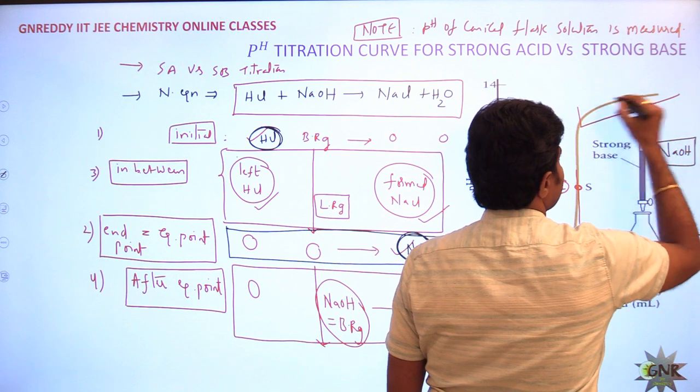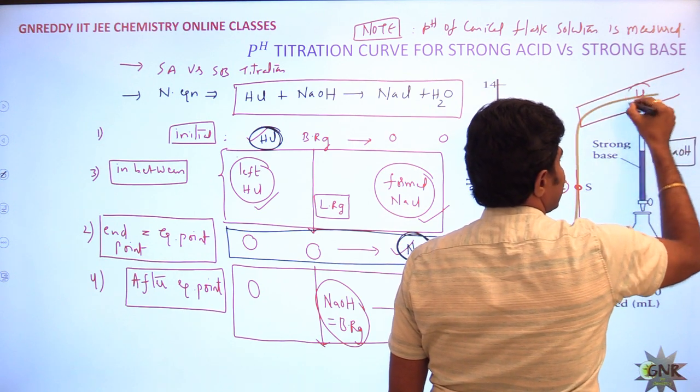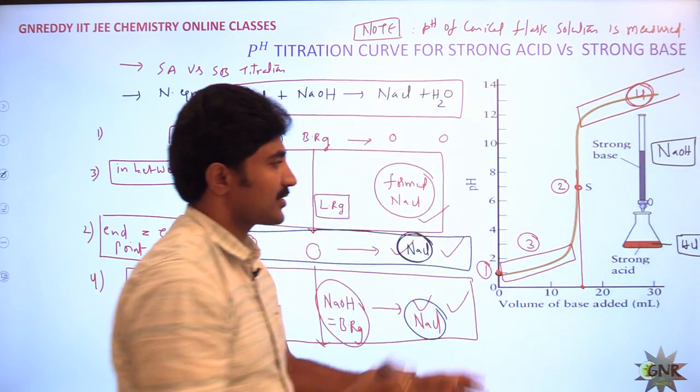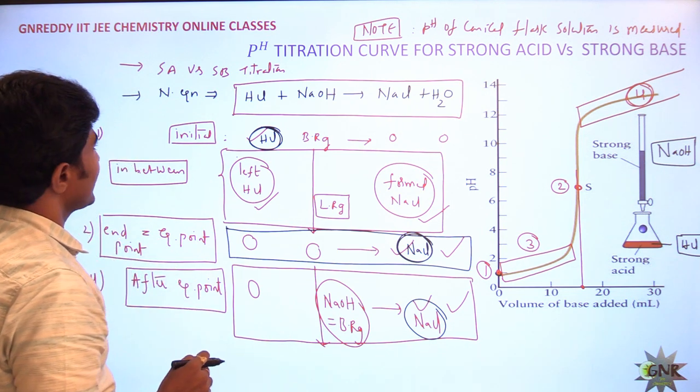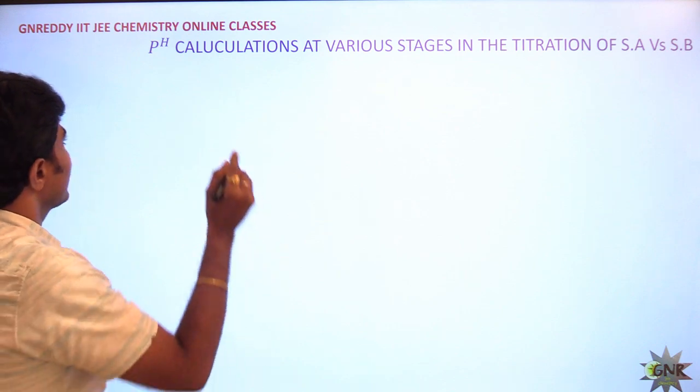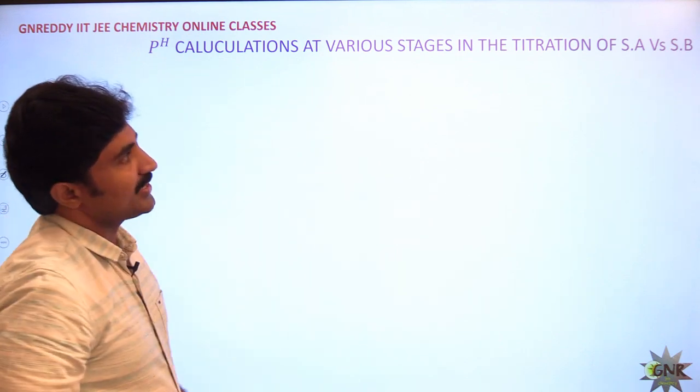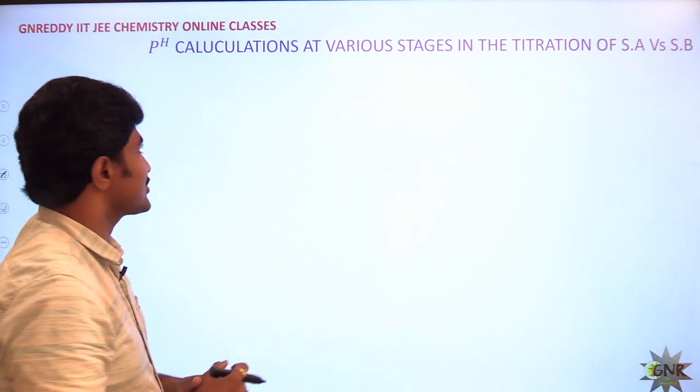So in this strong acid versus strong base titration there are 4 types of calculations. See one by one: pH calculation at various stages in the titration of strong acid versus strong base.